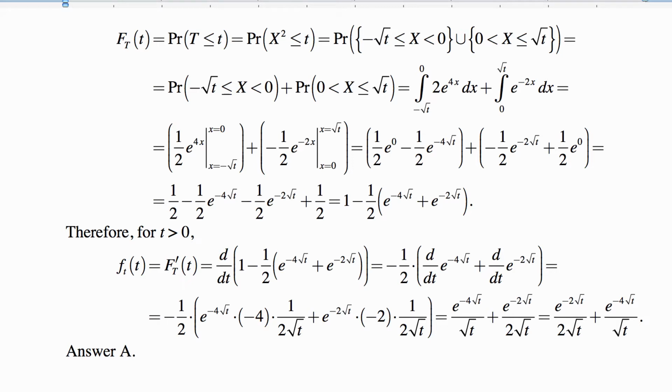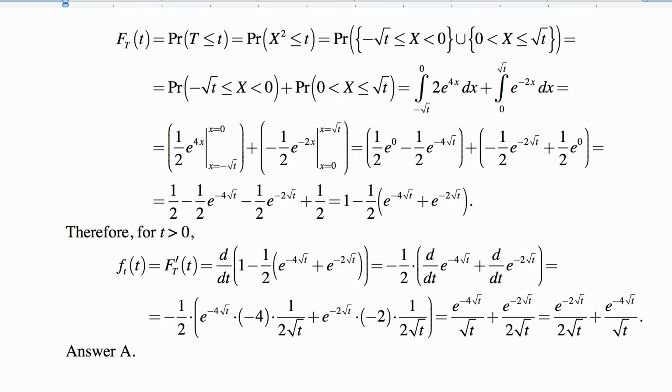This is a composite function, so we need to take the derivative of the exponential, which is the same thing, minus 4 square roots of t, and then the derivative of minus 4 times square root of t. The linear expression, negative 4 times something, has derivative negative 4, and the derivative of square root of t is 1 over 2 square roots of t. It works the same way for the second term: instead of e to the minus 4 square roots of t, we have e to the minus 2 square roots of t, but otherwise it's the same thing.